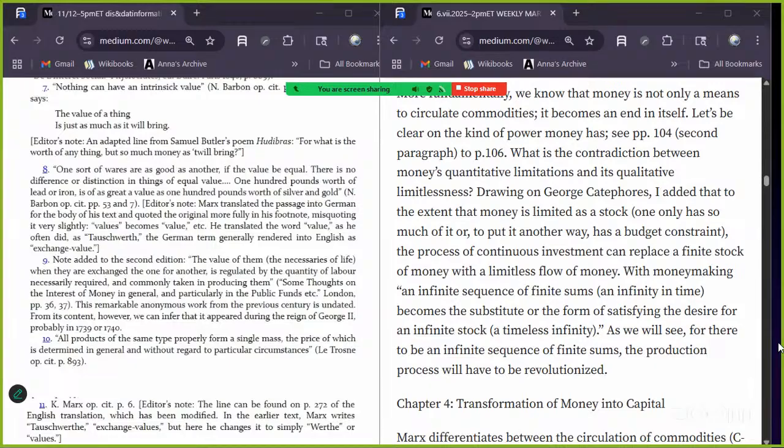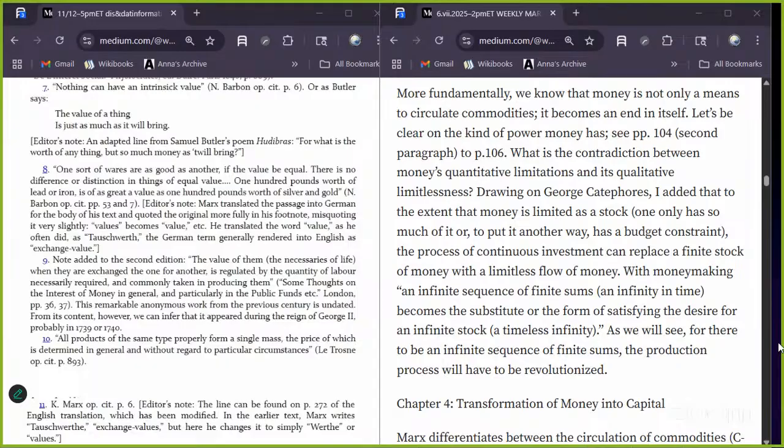What is the contradiction between money's quantitative limitations and its qualitative limitlessness? Drawing on George Catephores, I added that to the extent that money is limited as a stock, one only has so much of it, or to put it another way, has a budget constraint. The process of continuous investment can replace a finite stock of money with a limitless flow of money.